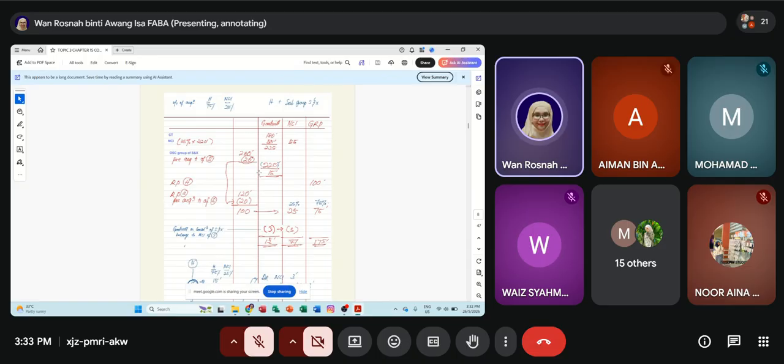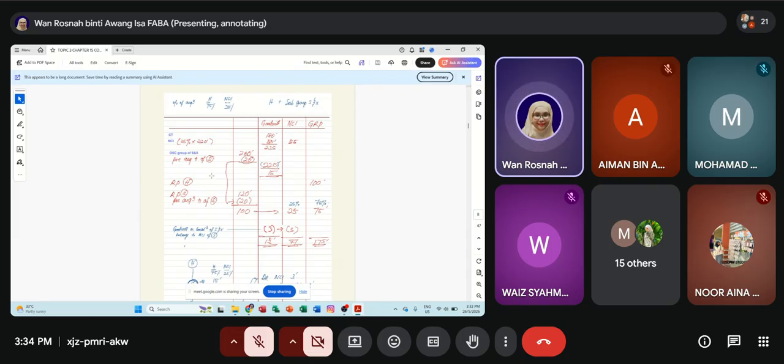So the total is 220,000. You are going to calculate NCI portions here. You get the total cost of investment in S, and you get 235.